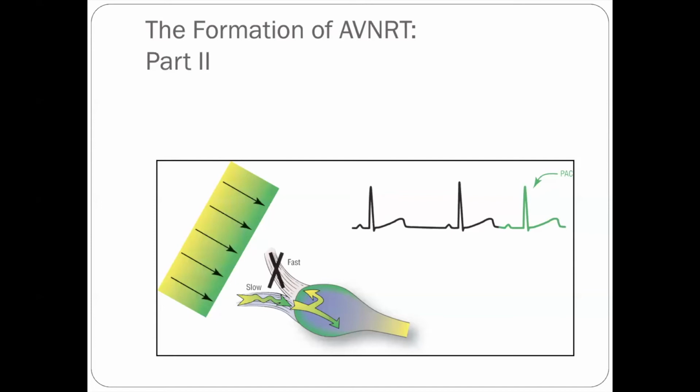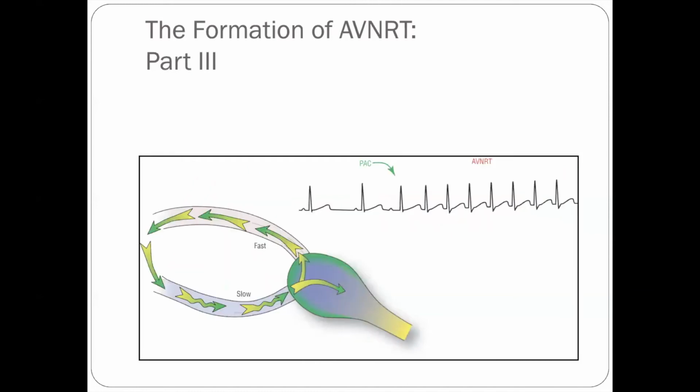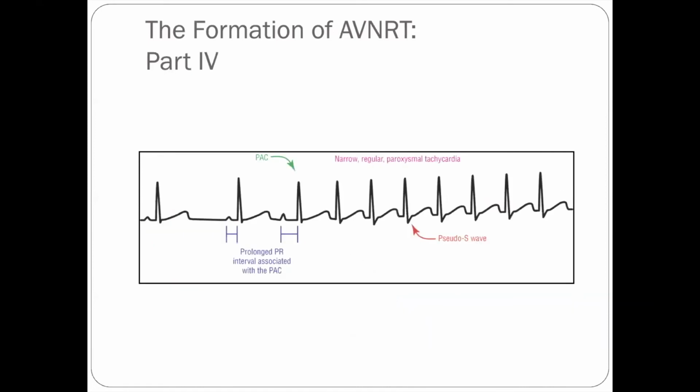And that means that the signal gets through the slow pathway before the fast pathway on that next beat. And because that next beat gets through faster on the slow pathway, the AV node is then the thing that is now depolarizing the fast pathway. The fast pathway redepolarizes the slow pathway back to the AV node, and so on. And we are in AV nodal reentry tachycardia at that point.